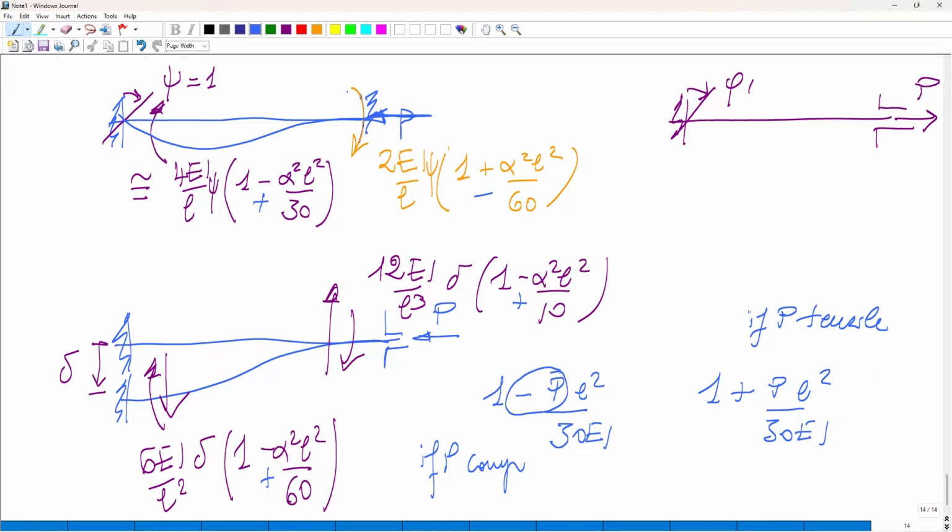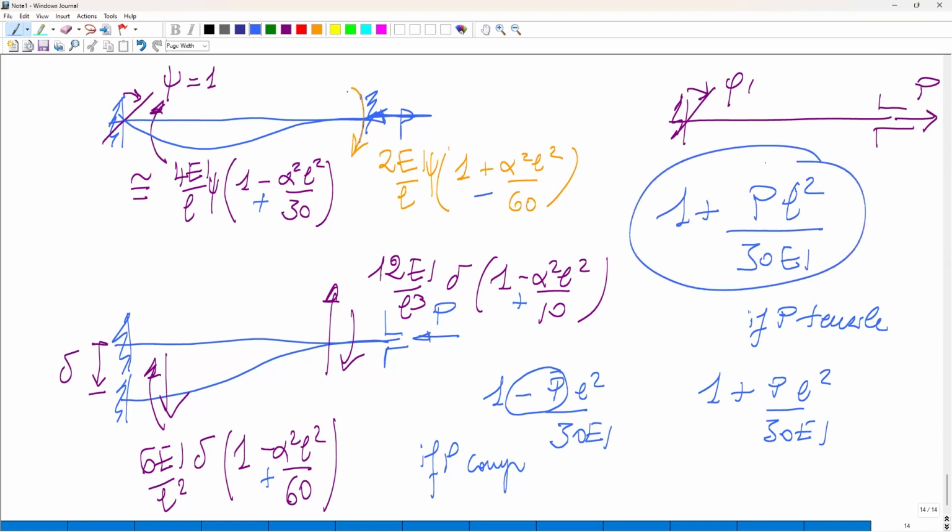And you say, well, tensile axial loads are positive, compressive axial loads are negative, and I have a unique formulation where the sign of the axial force tells me what is happening. This is much easier to handle from the numerical analysis point of view.